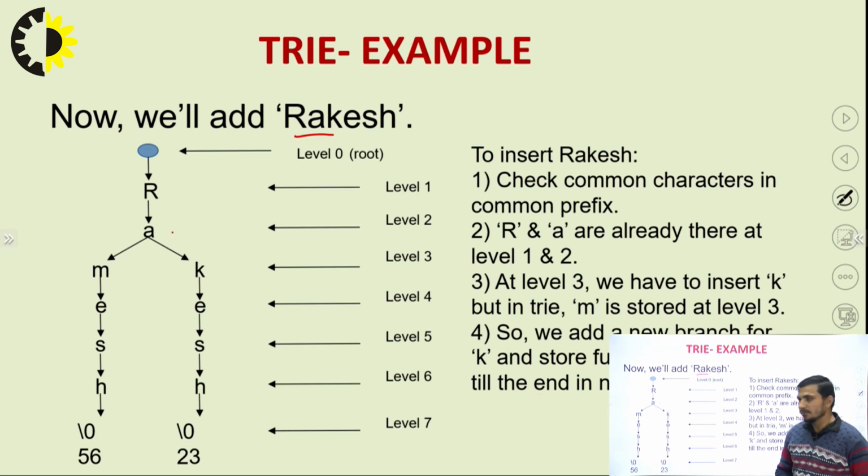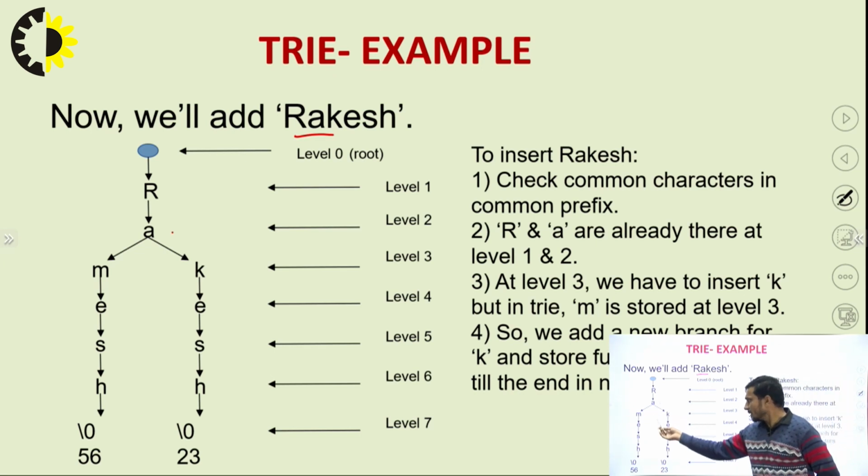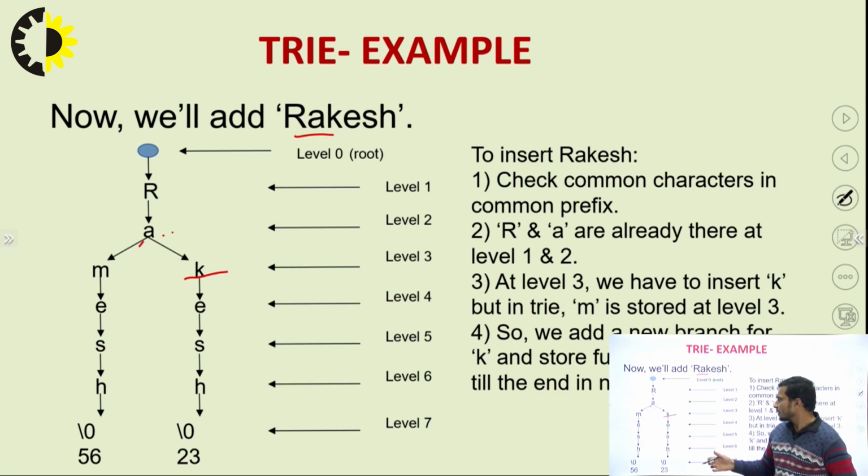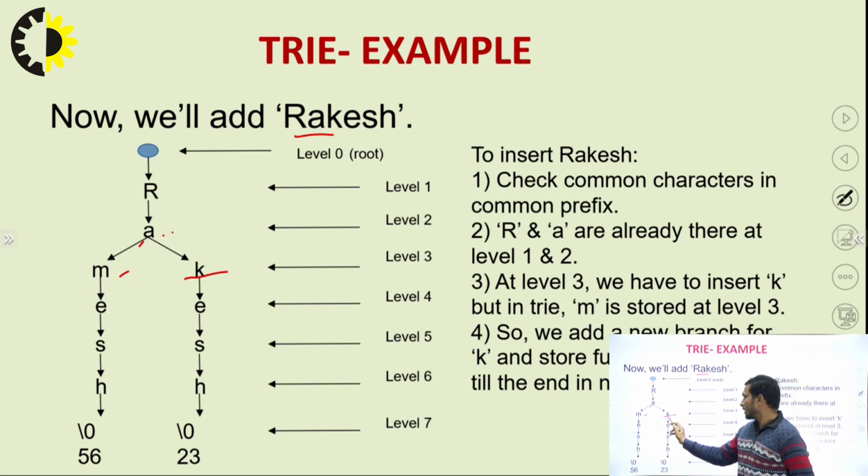After that we will add K. So after this A, we will have two branches, or in the terminology of trees, the A can have two children, one is M and another is K. From there we can store E, S, H in different nodes.